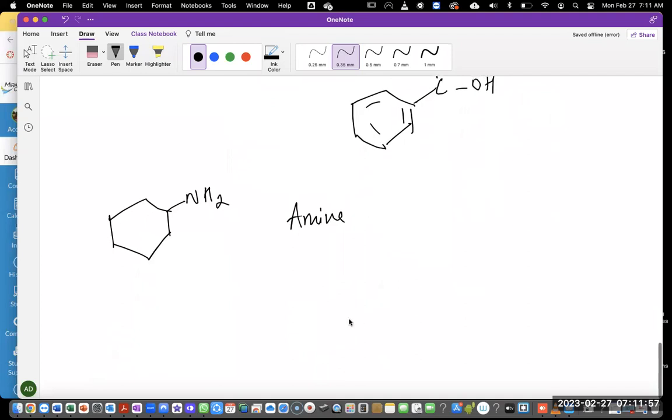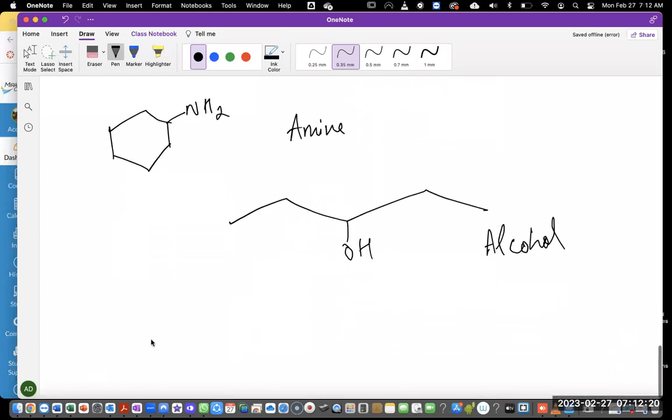Okay, so again, if I draw a molecule like this and I put an OH here, pause the video and try to identify what functional group you think this is. Okay, so whenever you see OH, just like that, you call this alcohol. Okay, right. Let's do just a couple more examples.